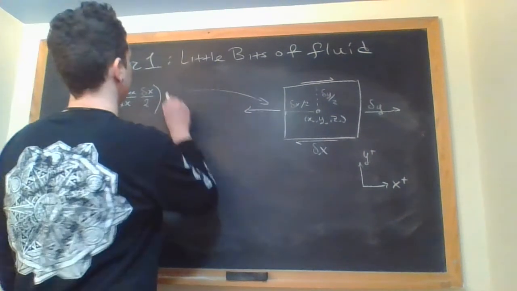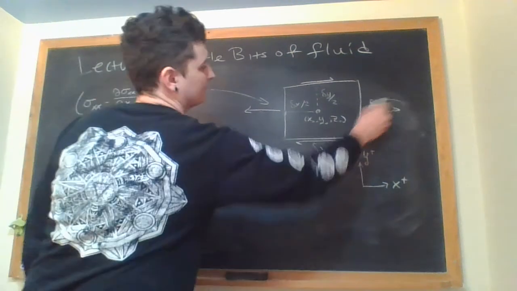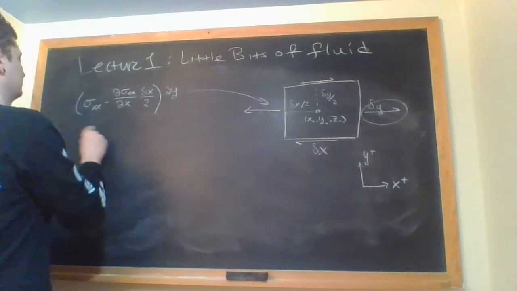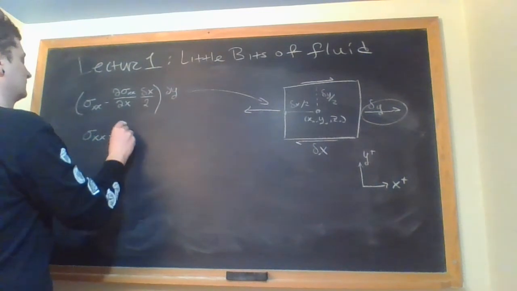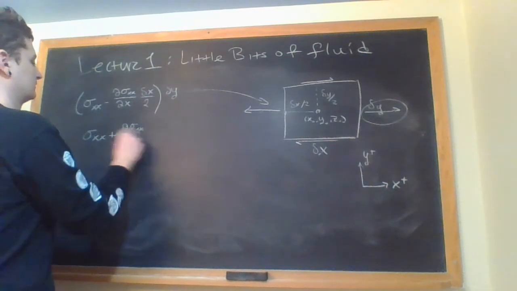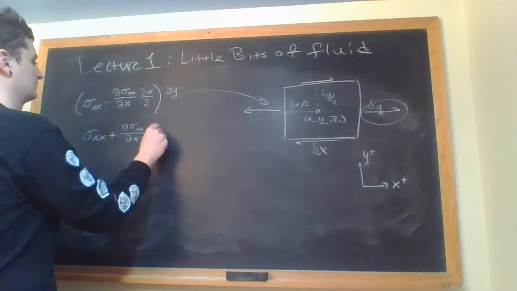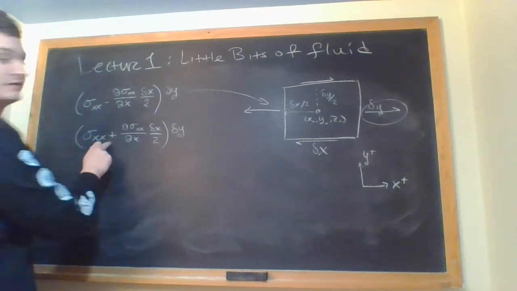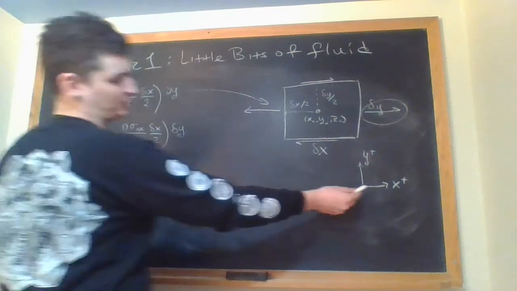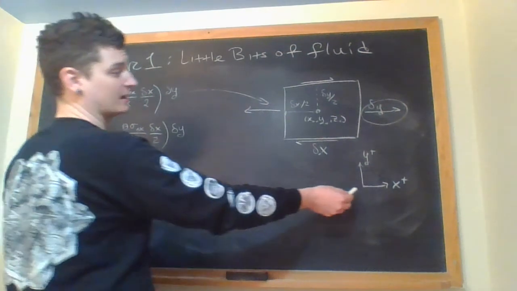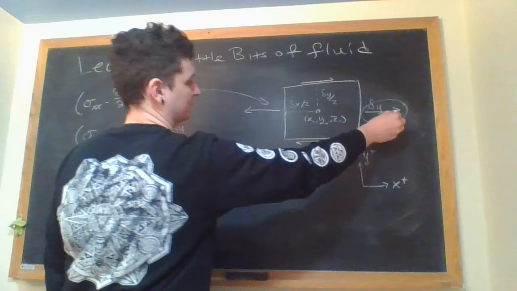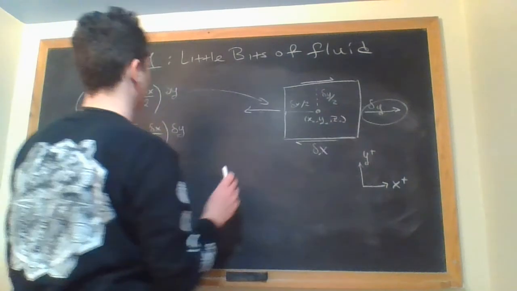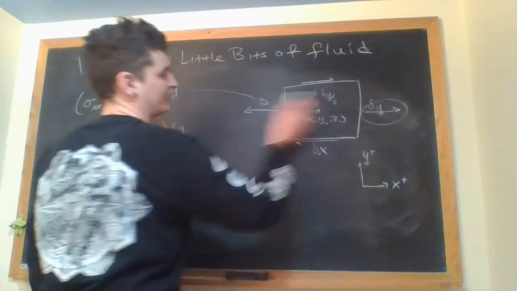And then this one right here is going to be the exact same thing. There's a plus sign on this one because of the coordinate system that you set up, and it's also oriented in the correct way. So if you're looking at just the net forces on these terms, you take this one and add this one.